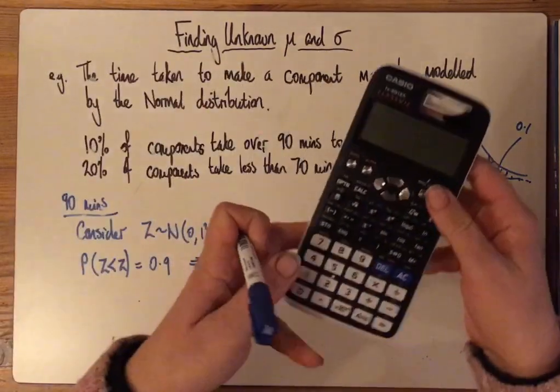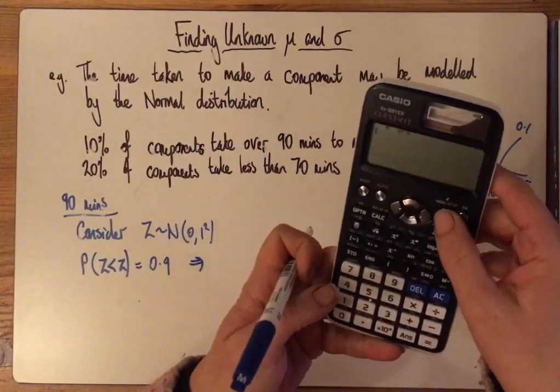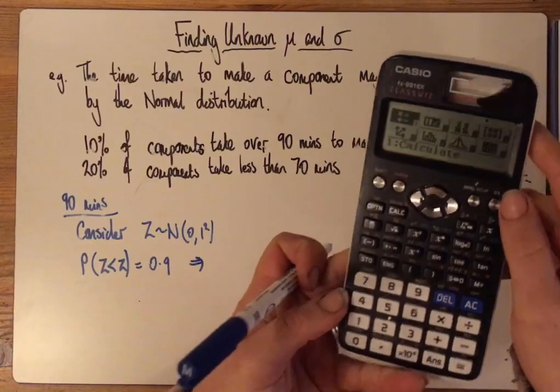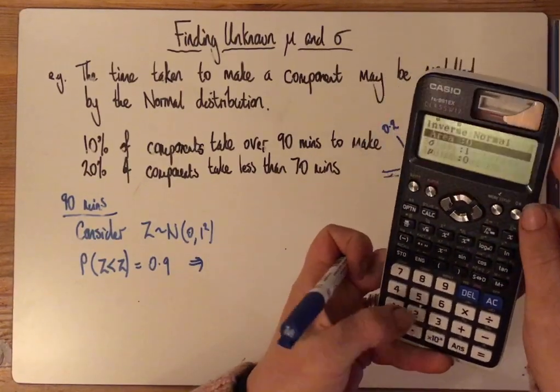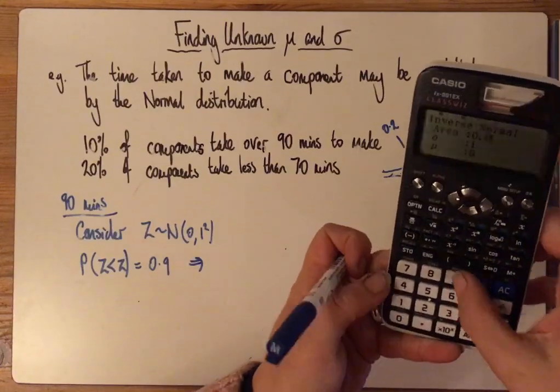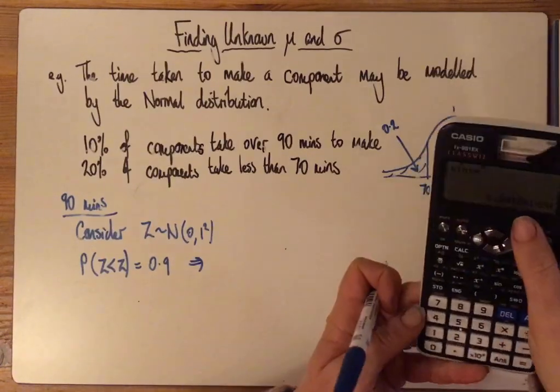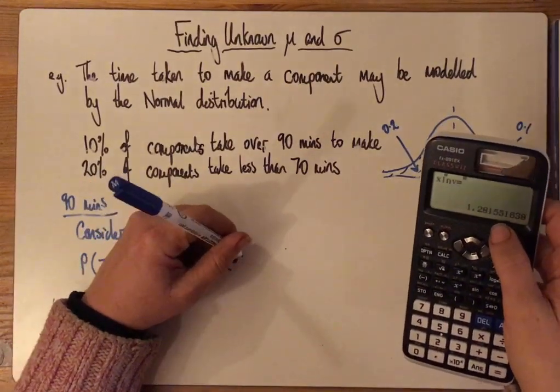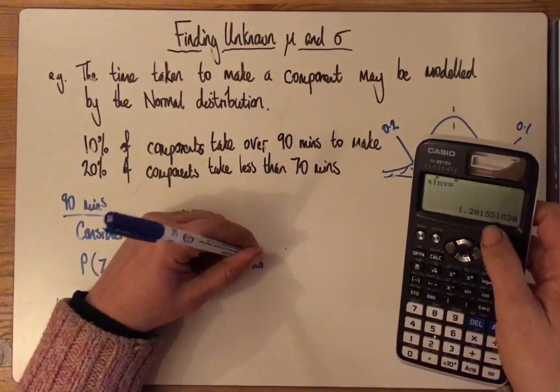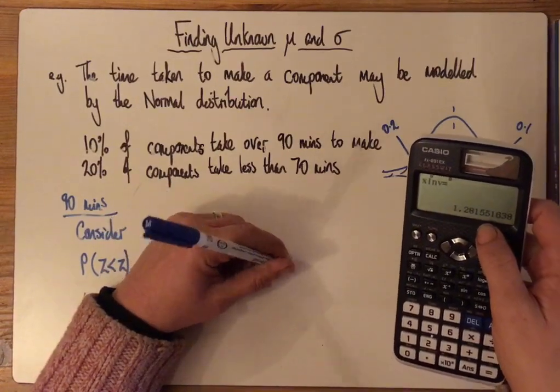Same as you've been doing, Menu 7, inverse normal 0.9, and you get Z is equal to 1.281552.